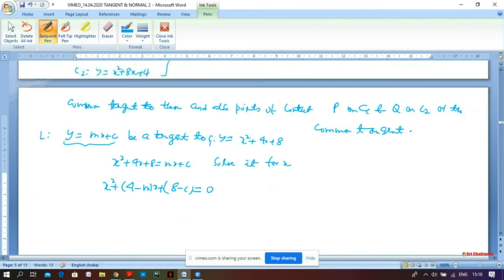So if I solve this quadratic for x, I expect to get repeated roots.